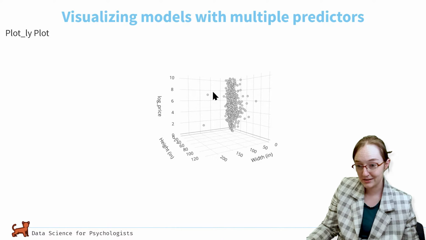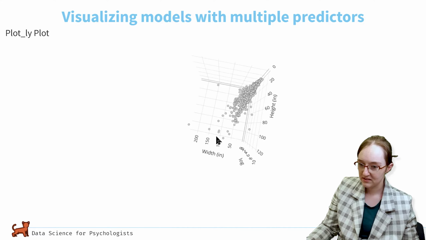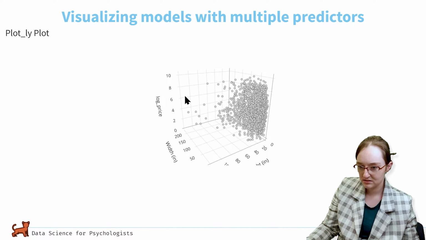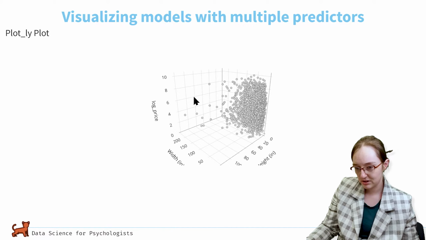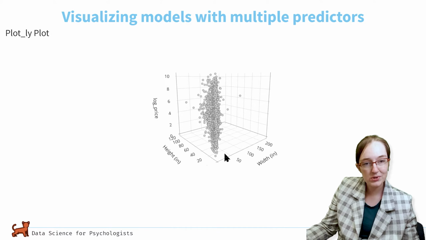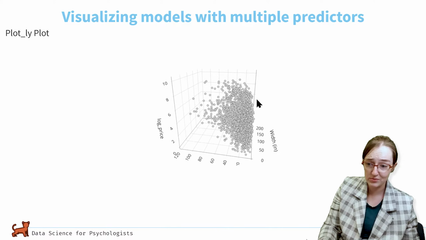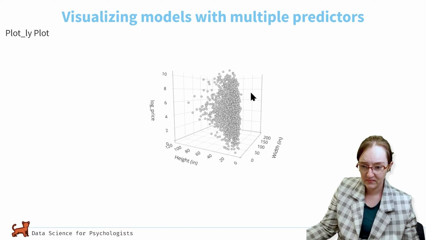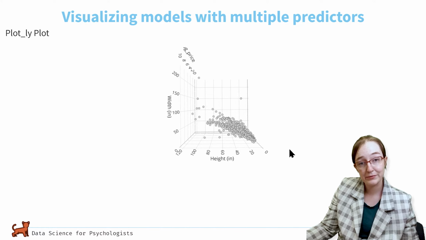So this is our data, and we can see pretty well that there is some pretty solid structure here. And we can map on each of these variables. It's a really nice way to crawl through our data because we are modeling the relationship between these 3. Particularly, we're trying to predict log price as a function of width and height.